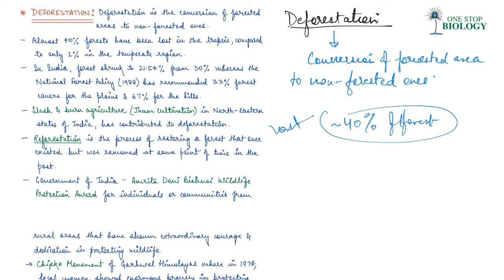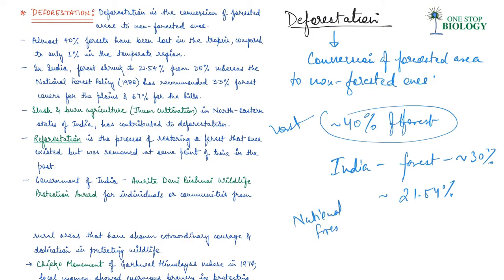We say that in the beginning of the 20th century, forest covered about 30% of the land in India, and by the end of the century it shrunk to 21.54%, whereas the National Forest Policy, which was made in 1988, has recommended that the forest cover for plains should be 33% and for hills it should be 67%, and it has dwindled to 21%.